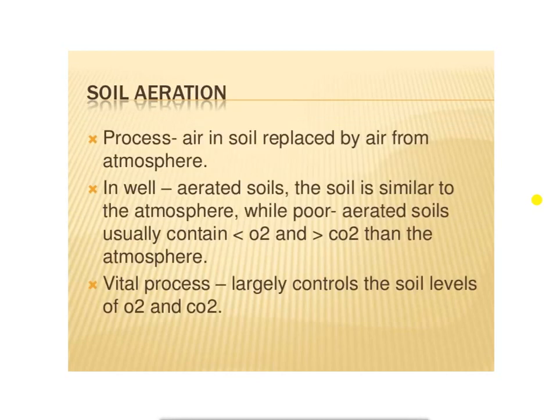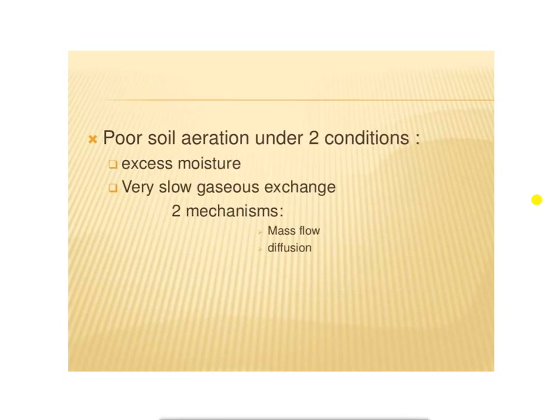Then soil aeration is the process of exchange of gases between soil air and atmospheric air. It is the most important vital process, which largely controls the levels of oxygen and carbon dioxide. Poor soil aeration occurs under excessive moisture.